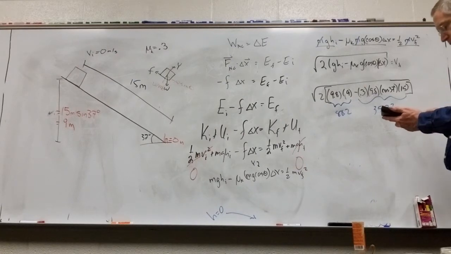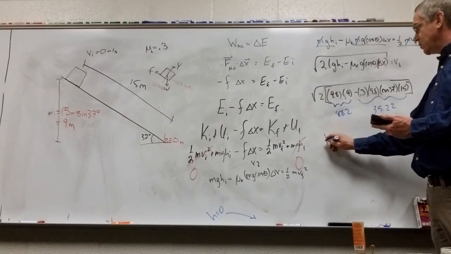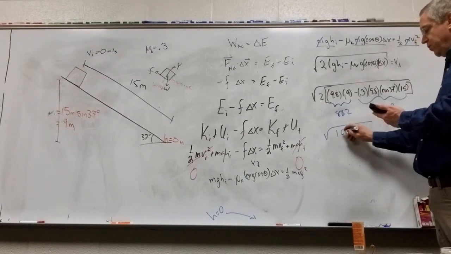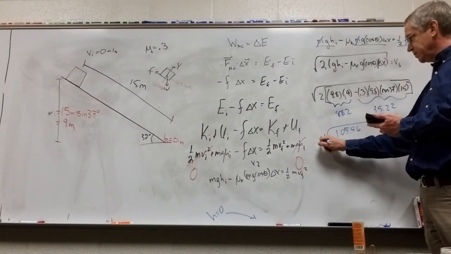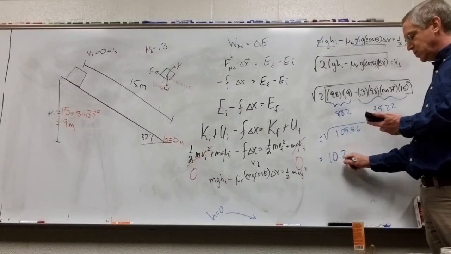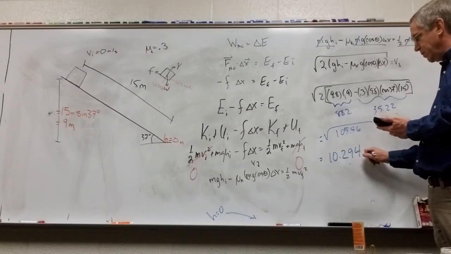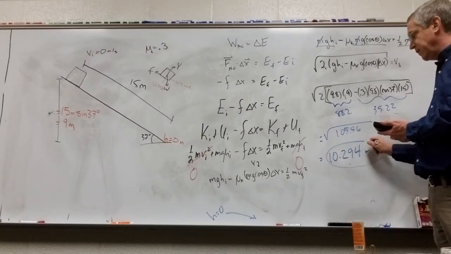Subtract, times 2, and I get the square root of 105.96. And so I get 10.294 meters per second. That's how fast it's going at the bottom.